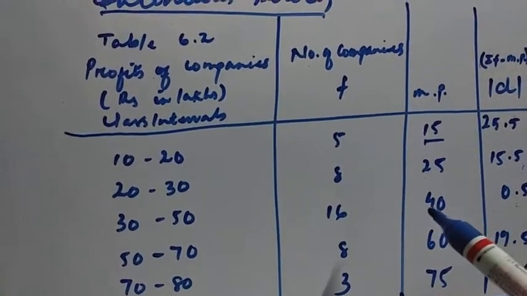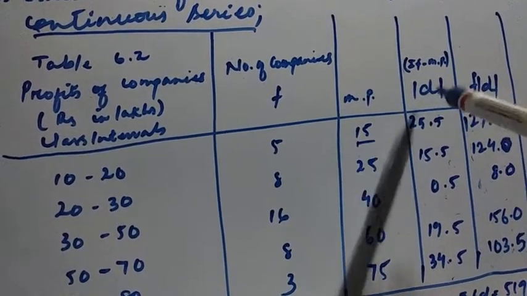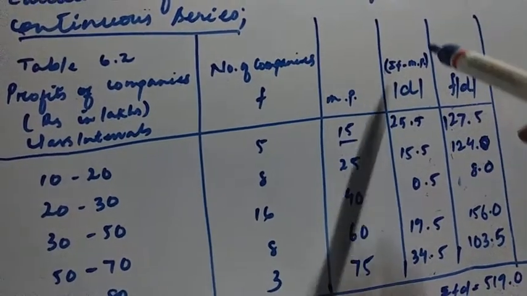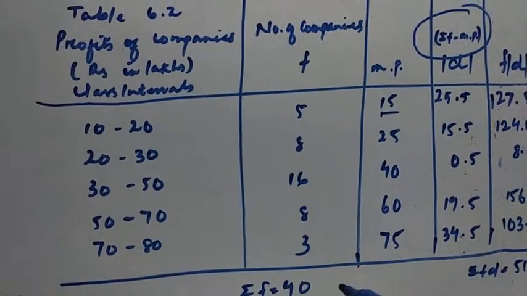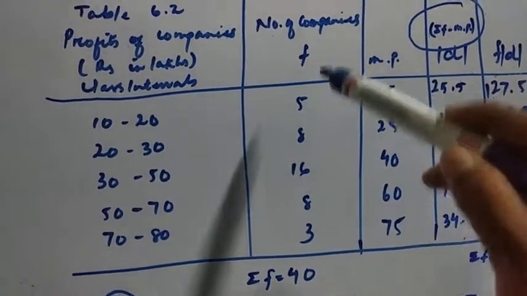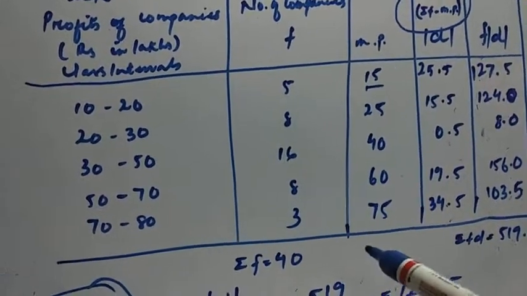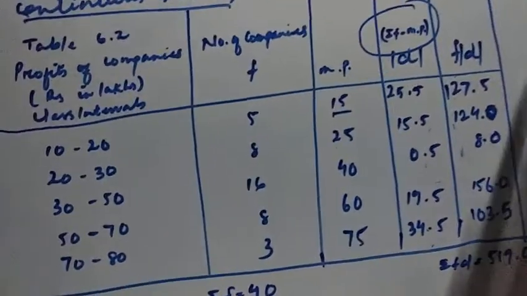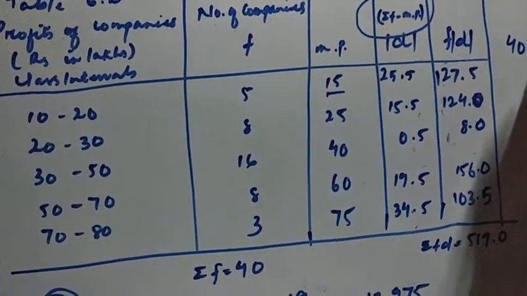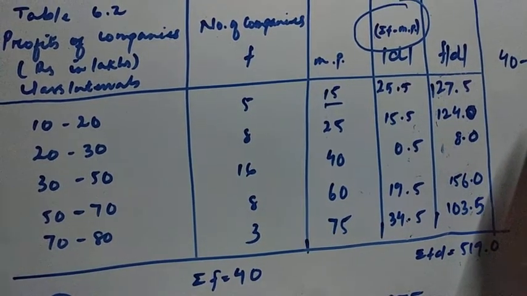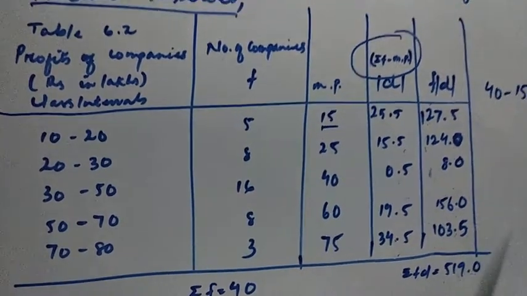After finding the MP, you are able to find the D. How do you find D? It is given here: the summation of F minus the midpoint gives you D. So 40 minus the MP of 15 gives you 25.5, because it is the midpoint.